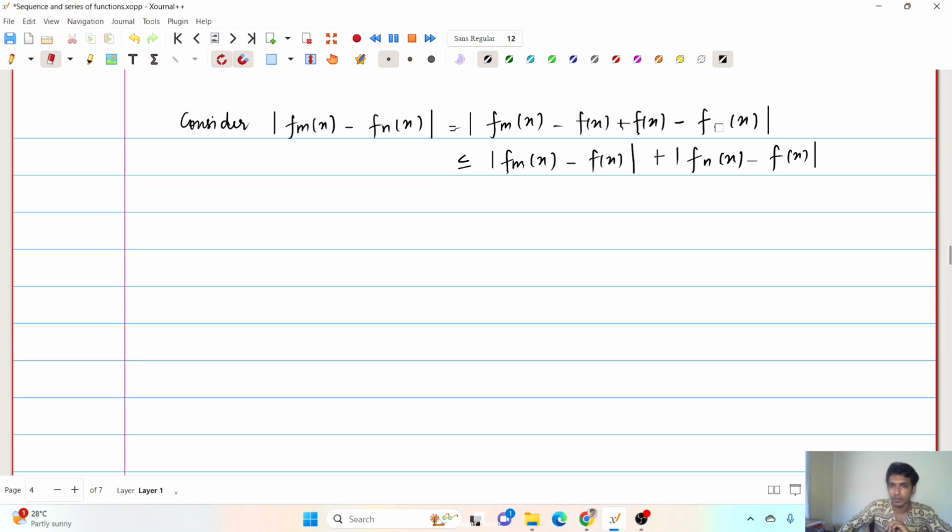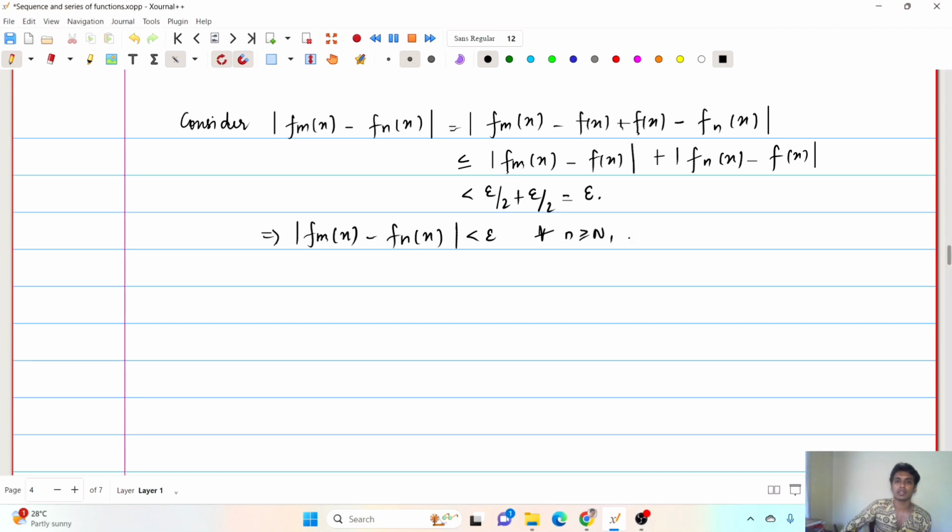Each of these quantities is smaller than epsilon upon 2. So we just established that absolute of fm of x minus fn of x is less than epsilon for all n bigger than or equal to N and m bigger than or equal to N. So we have established one way.